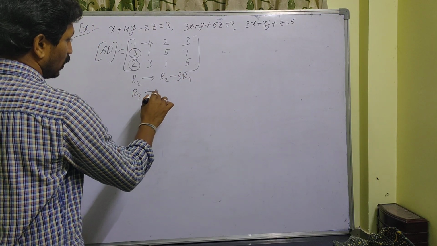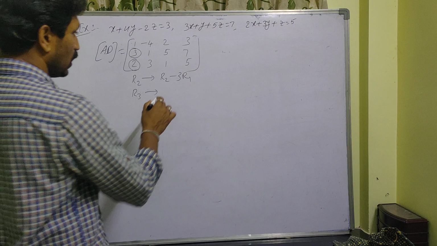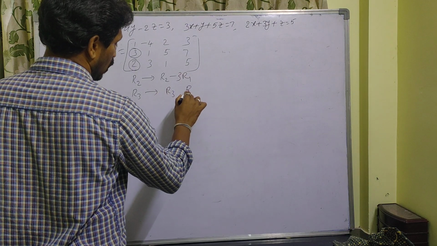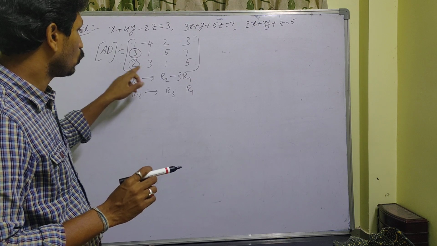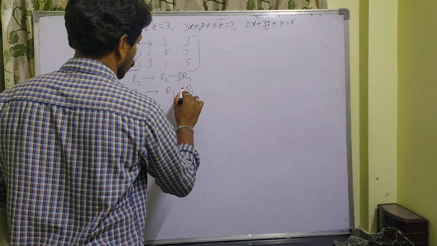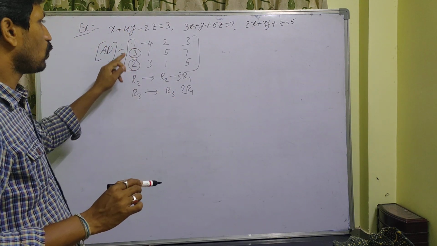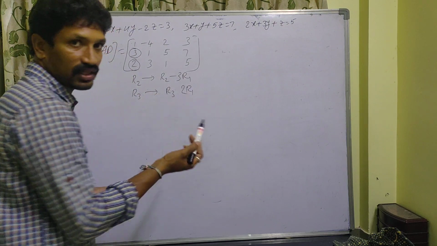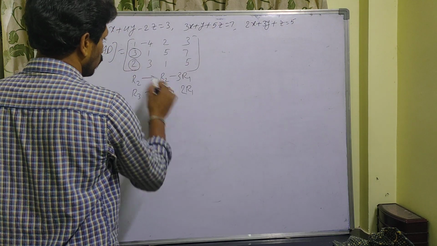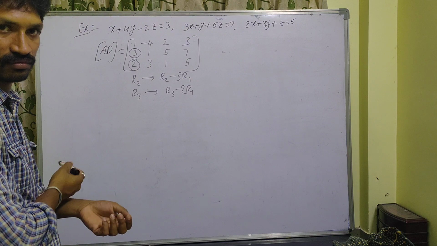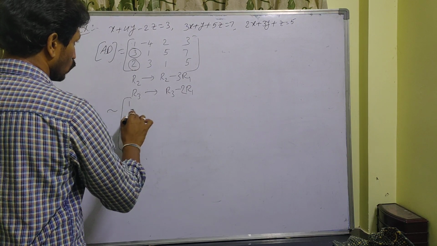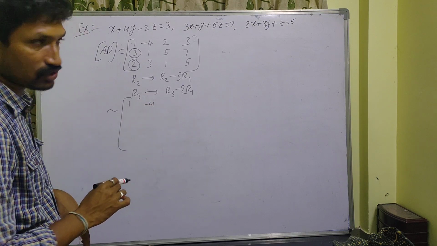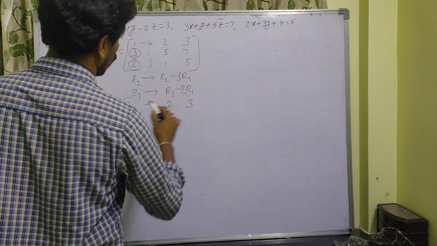Next R3 implies R3 and R1. Here the R3 entry, 2, multiplied to R1, that is 2R1. This 1 multiplied to R3, 1 into R3 only. Both have the same sign, so keep minus here. So this is equivalent to: first row, write as it is, 1, 4, minus 2, 3.